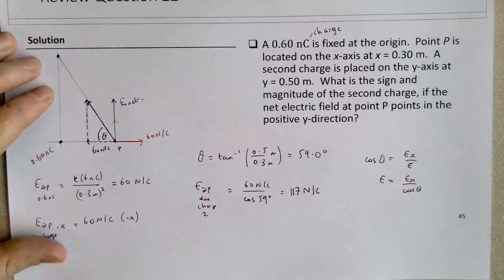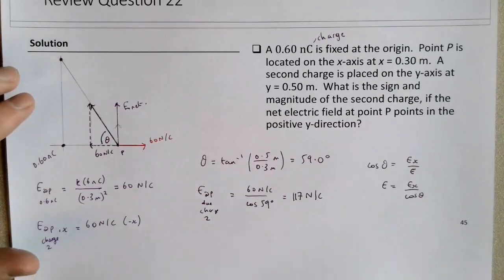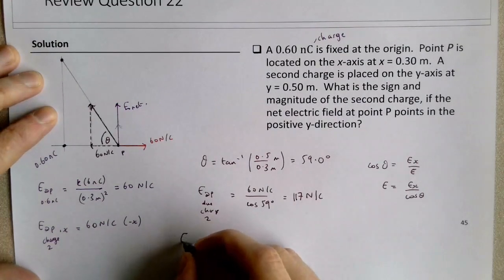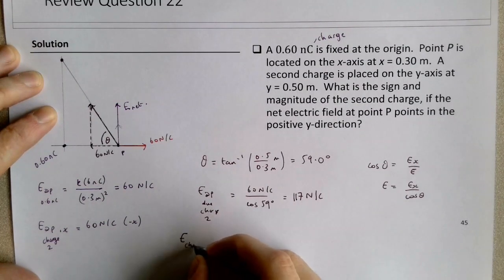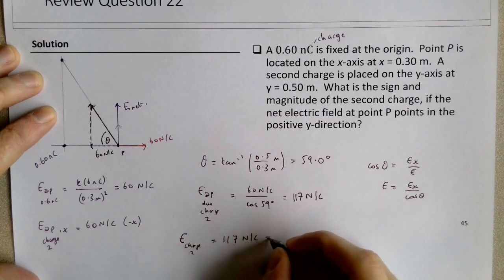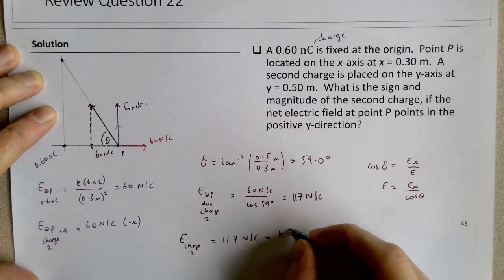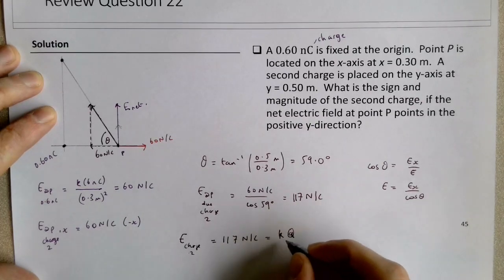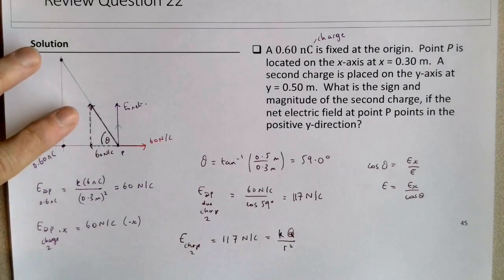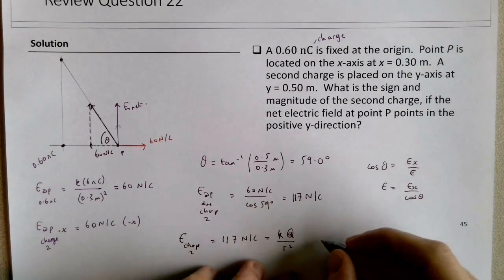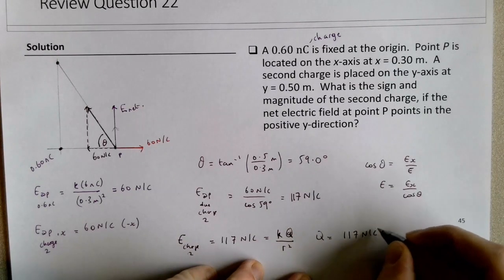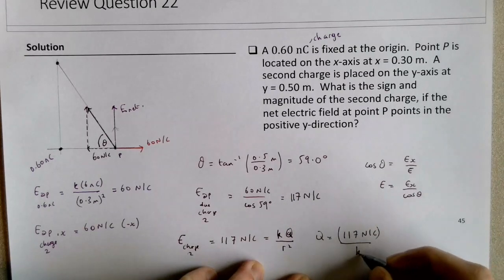Okay, so I now know that the E of charge 2 is equal to 117 newtons per coulomb, which is K times the Q of that charge, divided by the distance R squared. So let's rearrange for Q here. Q is going to be equal to 117 newtons per coulomb times R squared divided by K.